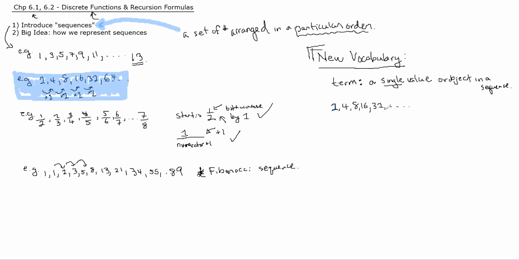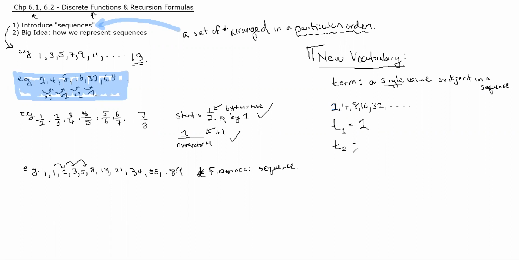In this particular sequence, the first term, t little 1, is equal to 2, because that is the first term in the sequence.